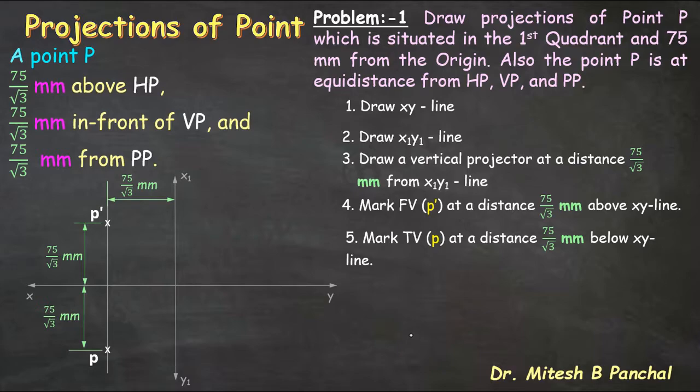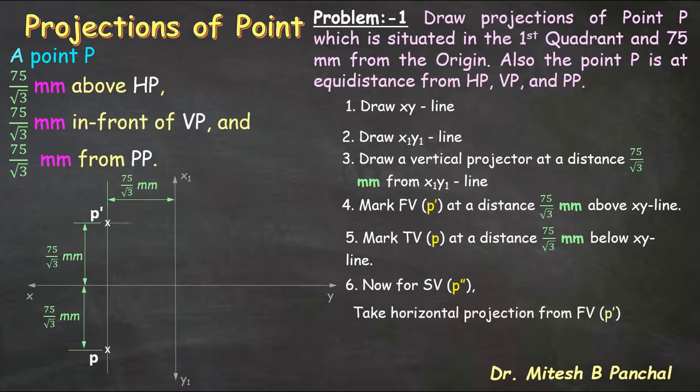Now we know the procedure to draw the side view. For side view, we have to consider the horizontal projector from front view. So take horizontal projector from front view, and to obtain the vertical projector we will consider the top view.